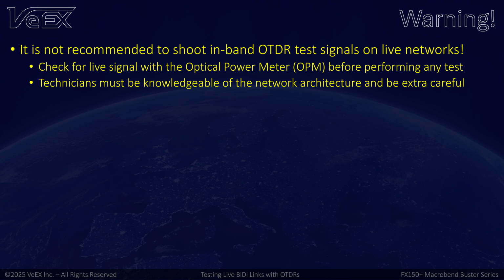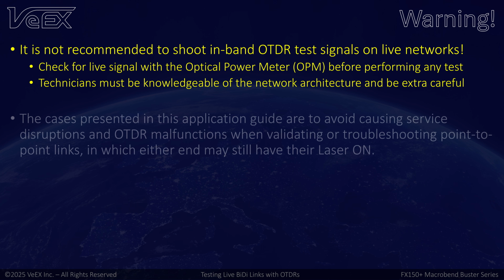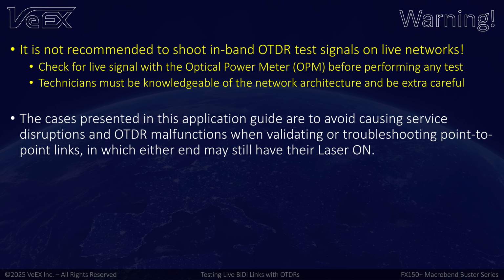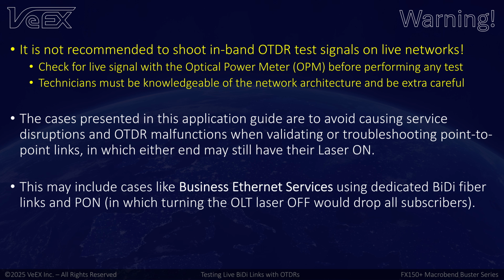First, use the OTDR's broadband power meter to check if there is any light in the link under test. If there is light, do not use regular 1310 and 1550 OTDRs for testing. That will not work. This applies to dedicated Ethernet links as well as to 1G and 10G PON networks.